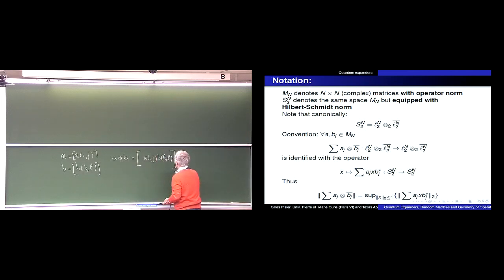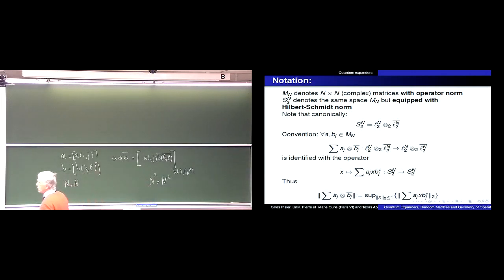But this matrix now has as the row index this pair and as the column index this pair. So these matrices are n times n, and now this matrix is n squared times n squared. I will also constantly use expressions like this, which just means that I take the complex conjugate here. So everything is very simple, and you have all this explicit.